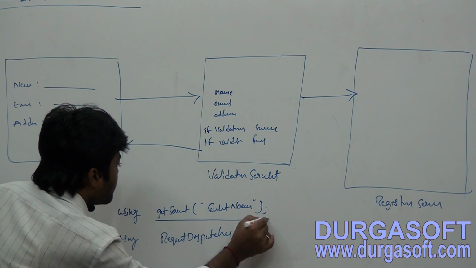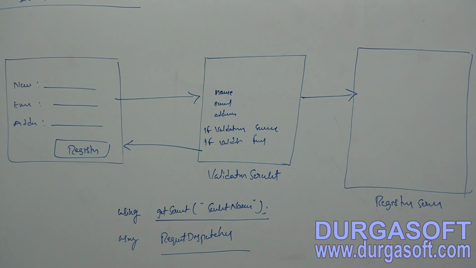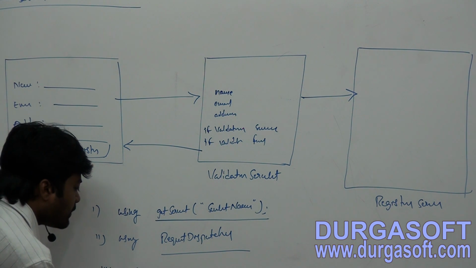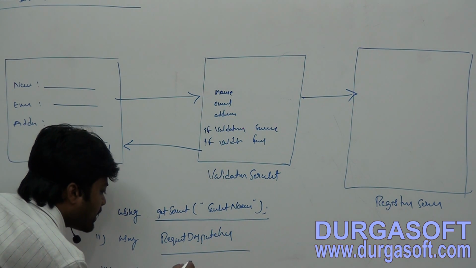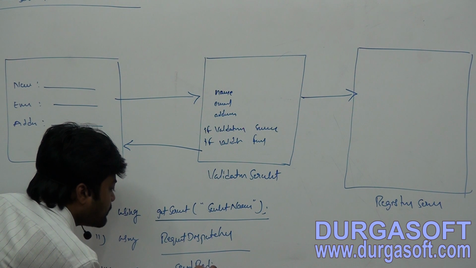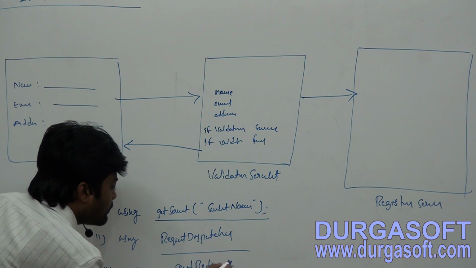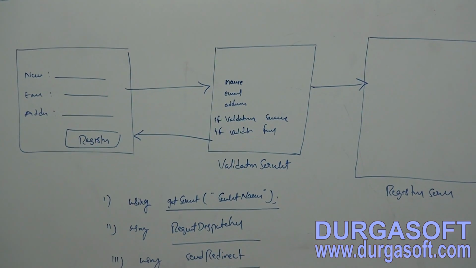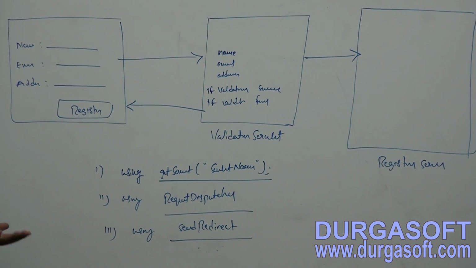Using these 2 ways you can make inter-servlet communication. And one more approach we have, using the sendRedirect mechanism. Using sendRedirect also you can forward your request from one servlet to another servlet.